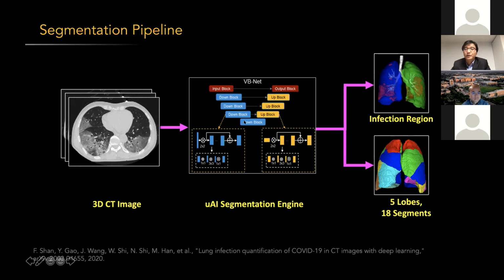So we use a technique, as I mentioned, the human in the loop. It means you use a small number of manually labeled samples to train the initial VBNet. Then you apply this VBNet on the remaining samples without manual segmentations.